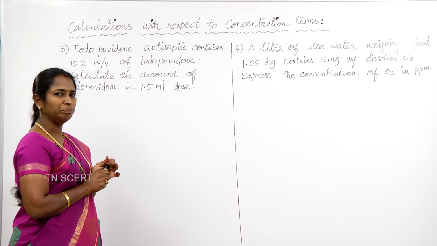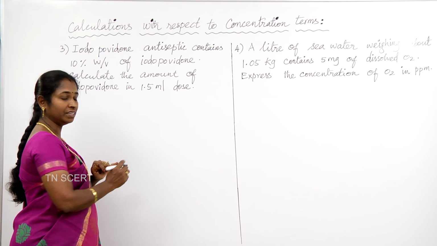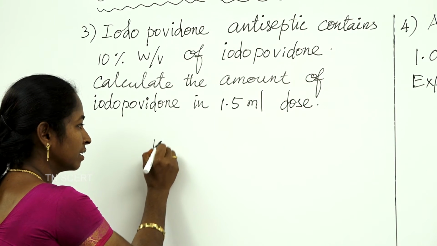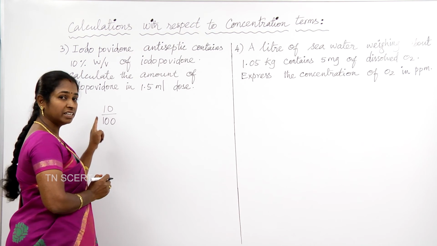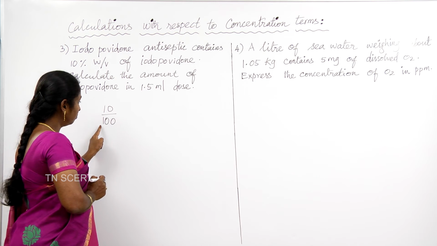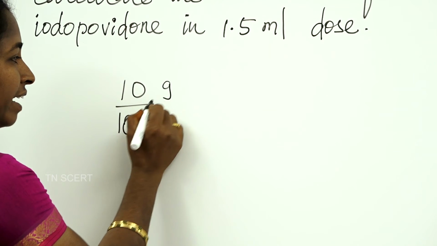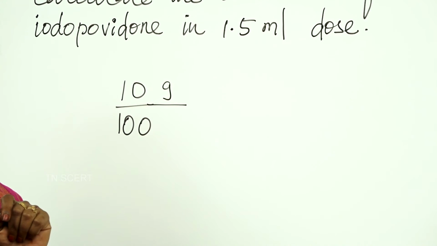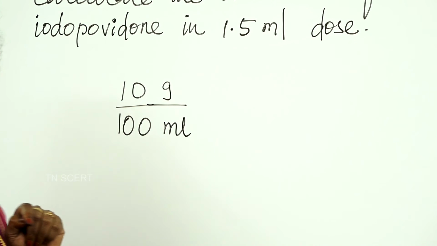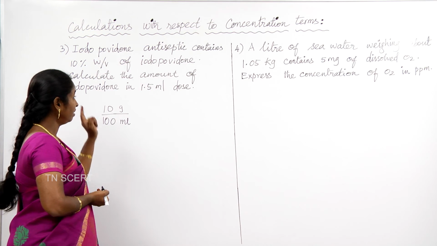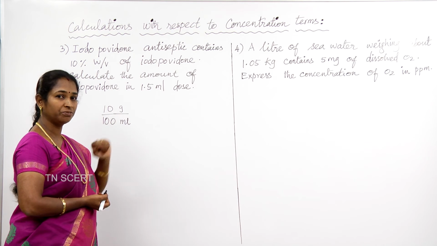Now, what is the meaning of 10% W by V? 10% means 10 by 100. This indicates 10 gram of iodopovidone is dissolved in 100 ml of the solution. So, our question is, what is the amount of iodopovidone in 1.5 ml?